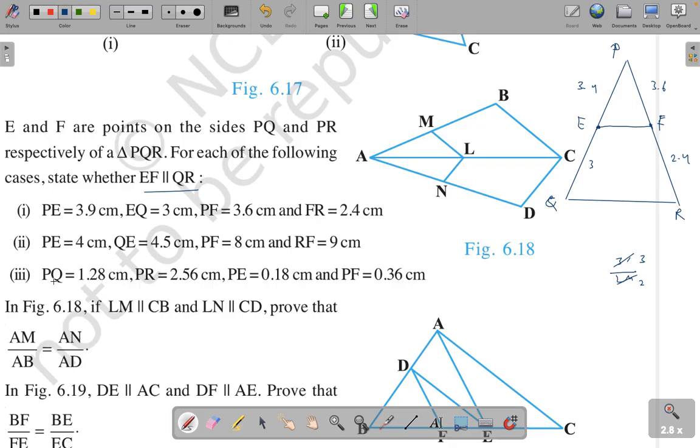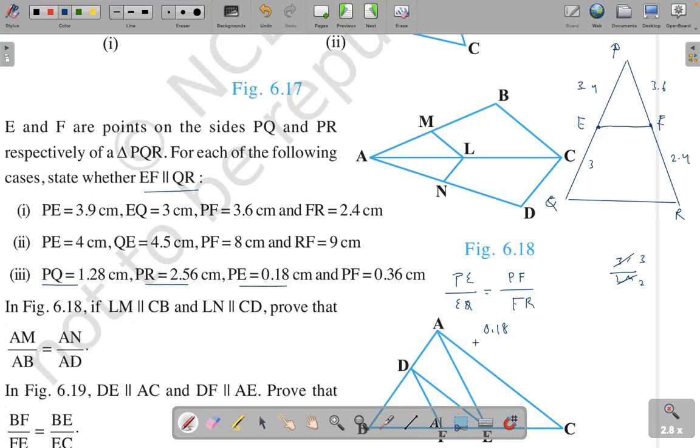So see here, you should not take the ratio between PQ and PR. You should go by BPT first. What does BPT say? PE upon EQ should be equal to PF upon FR. Do you know PE here? PE is 0.18. What is EQ? EQ you don't know. We can find it. It should be 1.1.